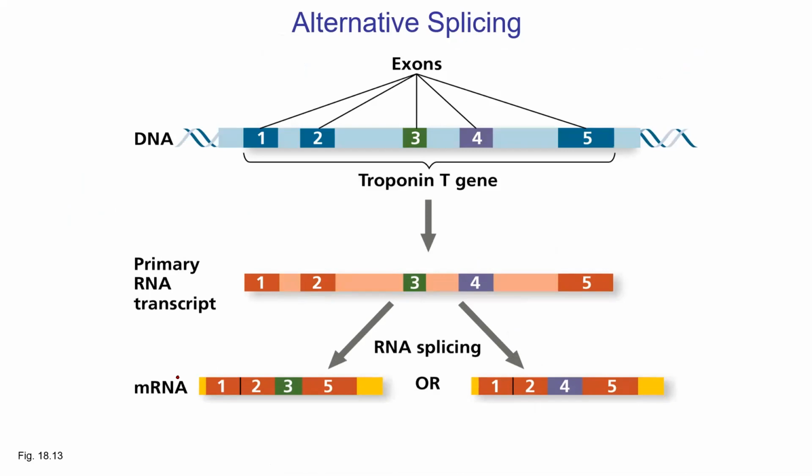And on the right, we've made a messenger RNA out of exons number 1, 2, 4, and 5. So these go find a ribosome, and we end up with 2 different proteins. So this is really incredible because now we have a way to use one gene for different gene products. It's kind of wild, really, if you think about it, that we can actually do this.